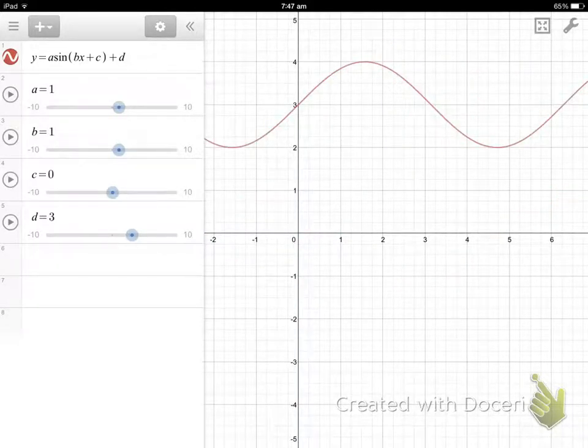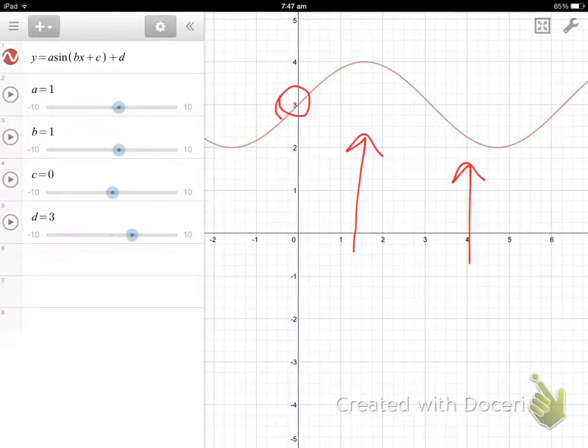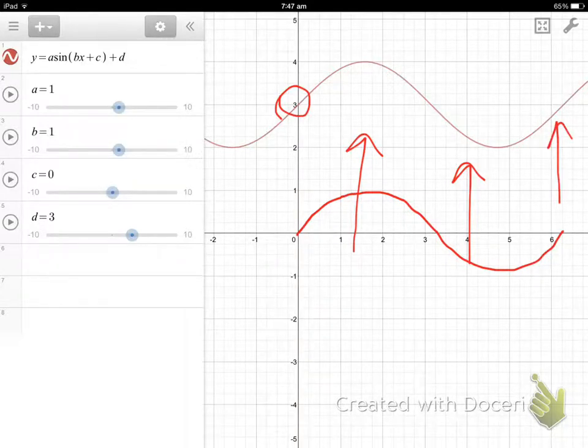Now, as you can see, all that's happened this time is the entire graph has moved up the value of 3, which is exactly what you'd expect, because since D is the constant, it becomes the y-intercept. So it just moves every value, so now everything has been moved up the value of 3.